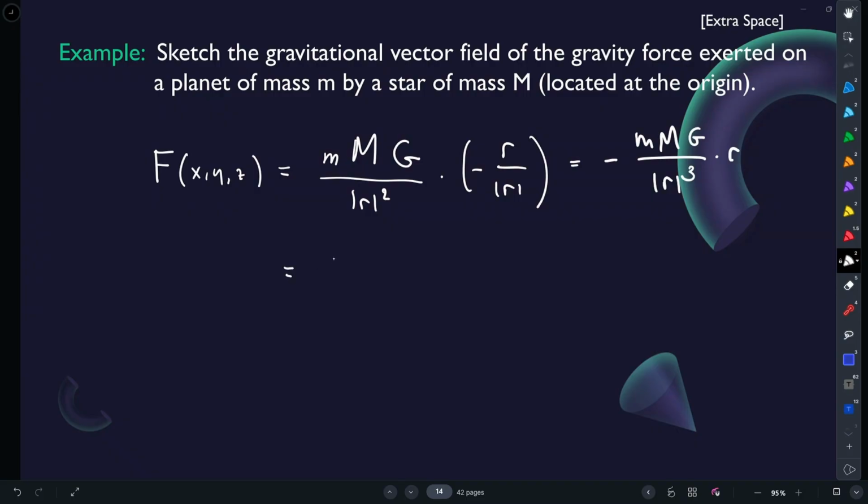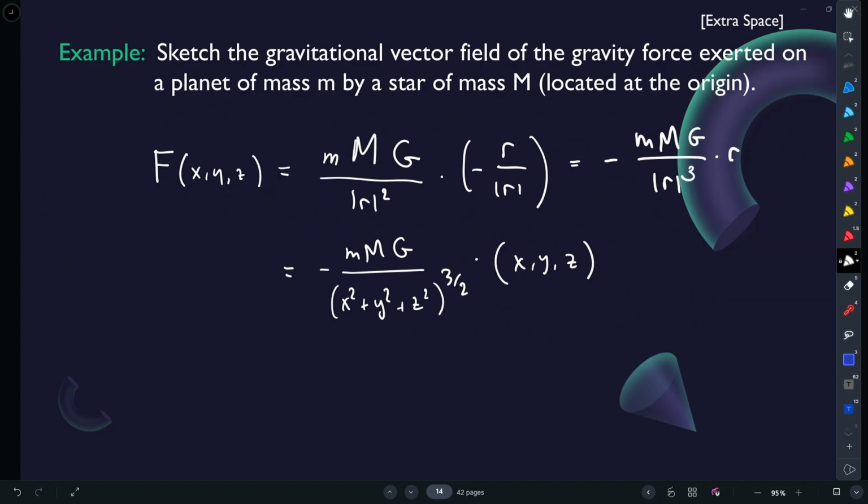That is minus mMG divided by x squared plus y squared plus z squared to the 1/2 to the 3, so it's to the 3/2, times x, y, z. That's a formula for the gravitational field.